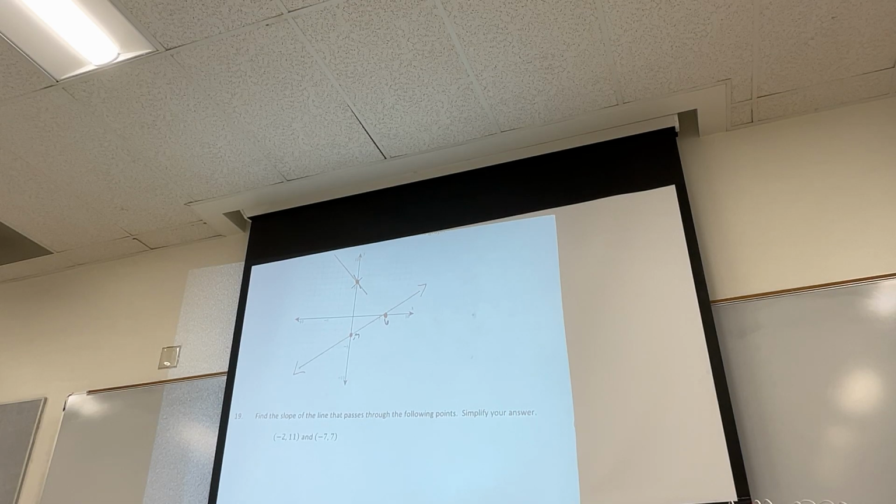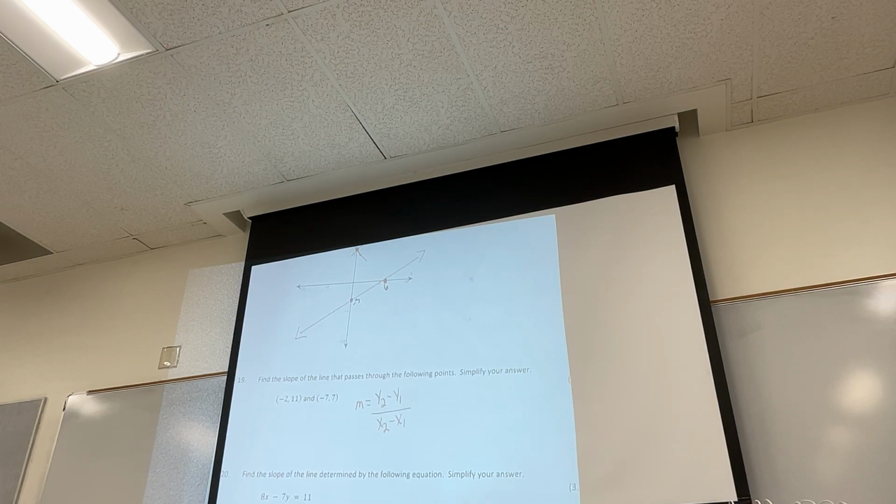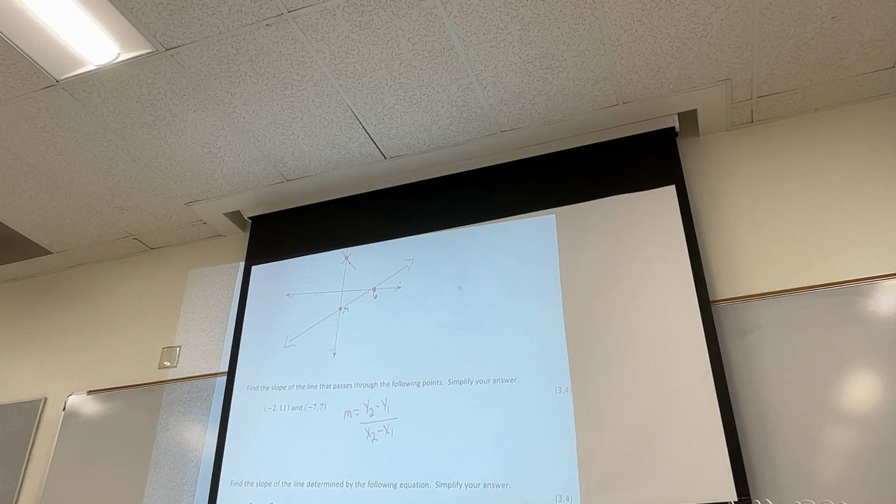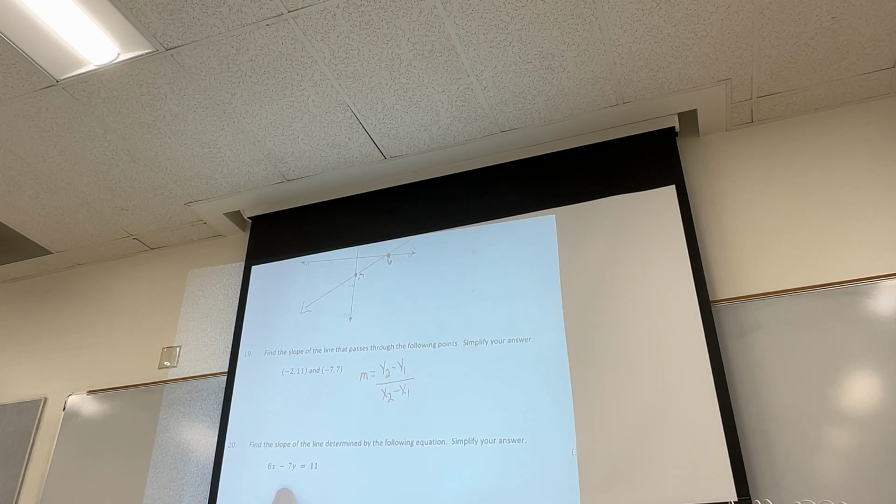All right, 19 we won't do, but what we will do is make sure we have our formula for slope. Little m, rise over run. We should be able to calculate a slope, yes? 20, find the slope. How do you find a slope when your equation is written in standard form? Solve for y, yes.